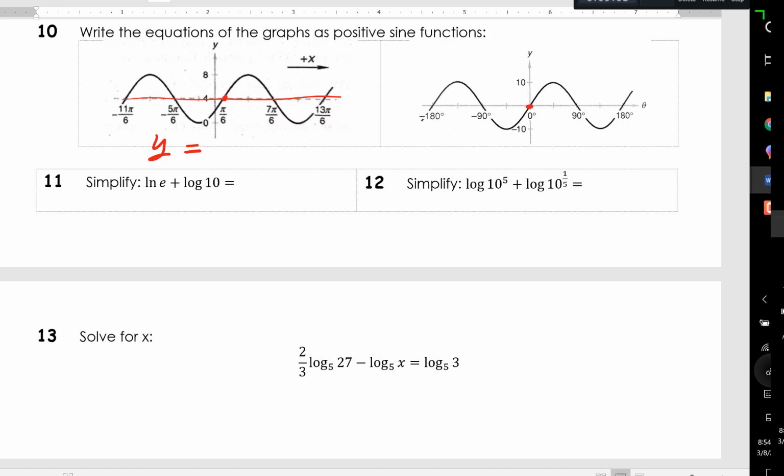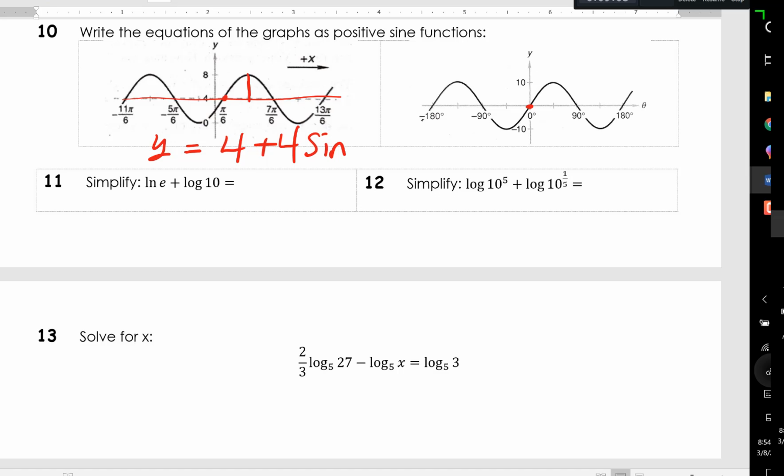So that is what you're going to be adding to the function to make it move up so that the midline is not 0. And then the amplitude of the function is 4, because from 4 to 8 is 4. So we're going to multiply this thing by 4.